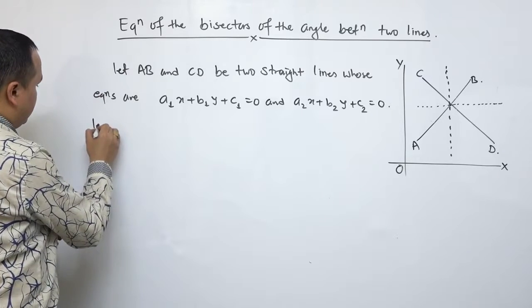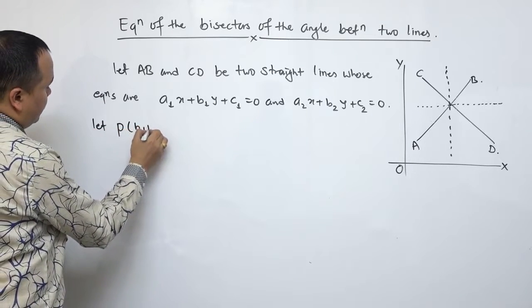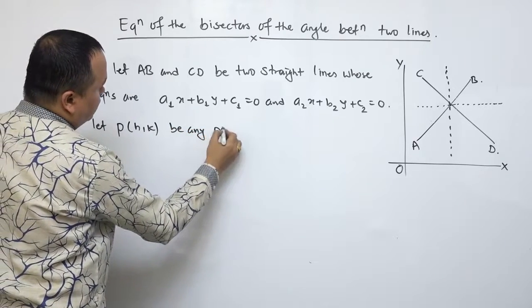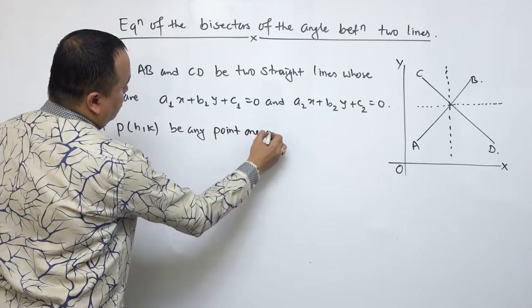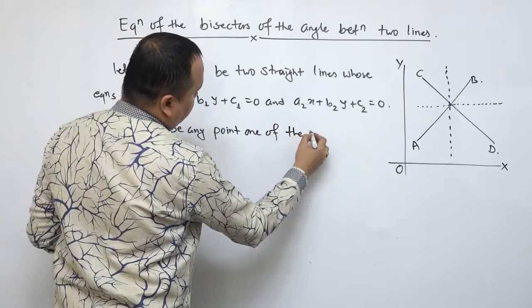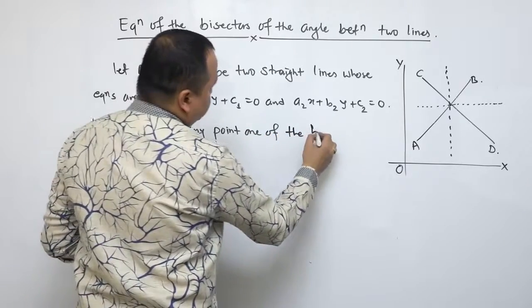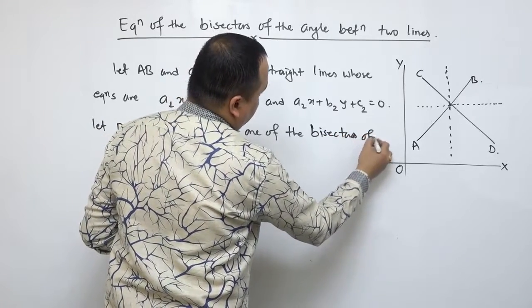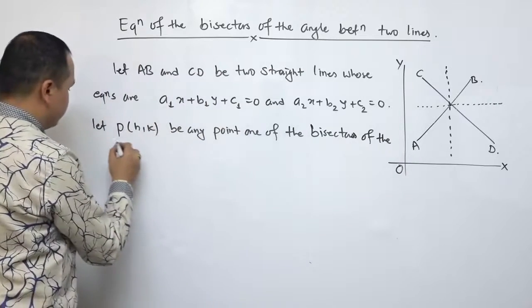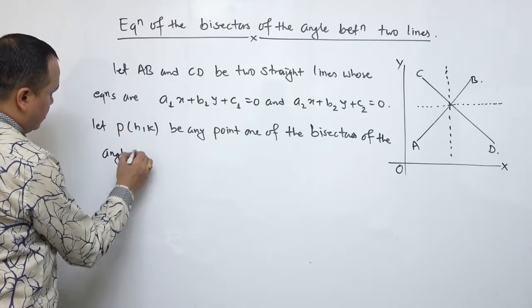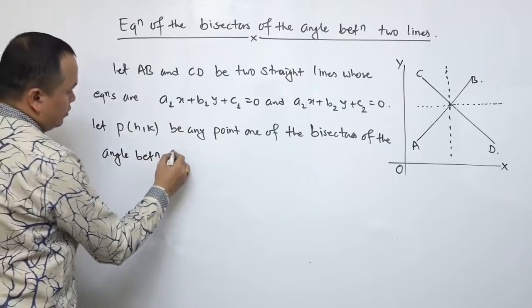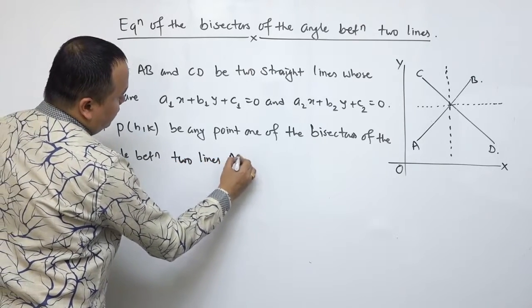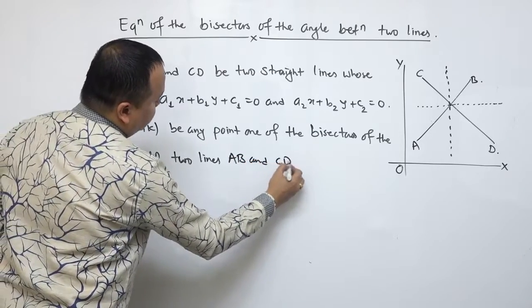Let P(h, k) be any point on one of the bisectors of the angle between two lines AB and CD.